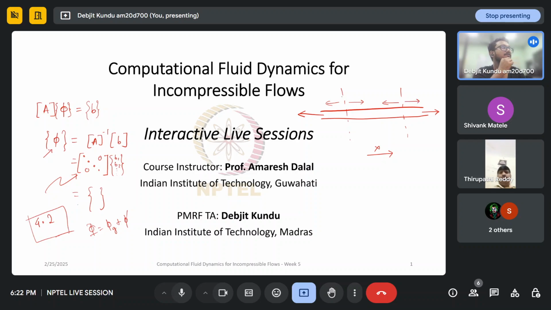So any variable you take, it's symmetric about that point or that line at a particular value of x. So that's what the meaning of this infinity is.